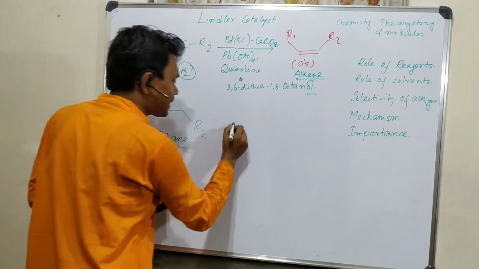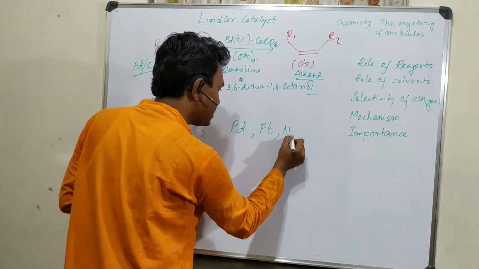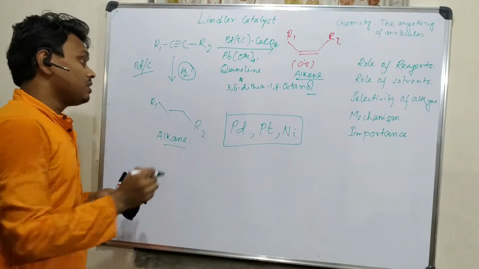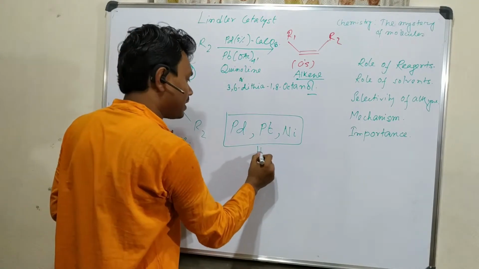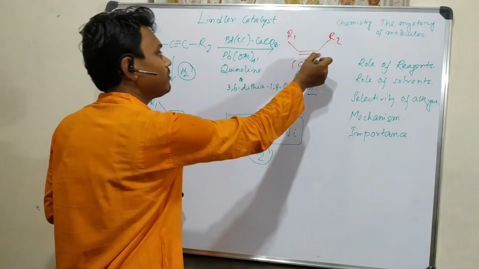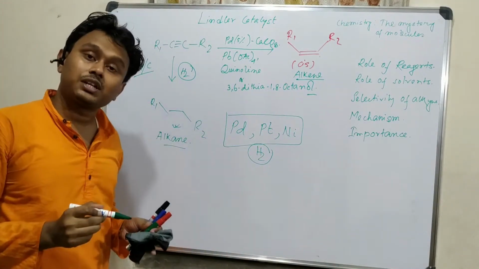for this purpose, the catalysts generally used are palladium, platinum, nickel, and they are so active that in case of reduction with hydrogen gas it ends up in alkane. So it is important to have alkene. Second point, alkane is a saturated compound, so its reactivity is very less.